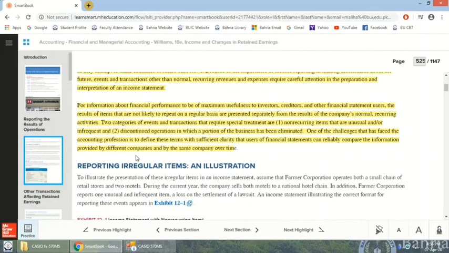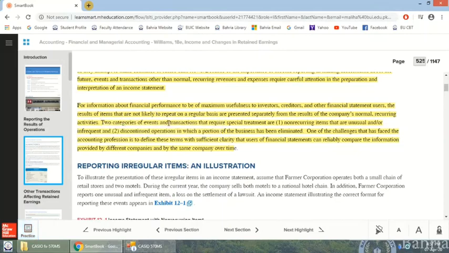Now remember that non-recurring does not mean that they are discontinued operations, or pertaining to them. It means that they are not going to be occurring again. So any kind of non-recurring item could result in profit or loss that would still be grouped with the income or loss from continued operations in that case.